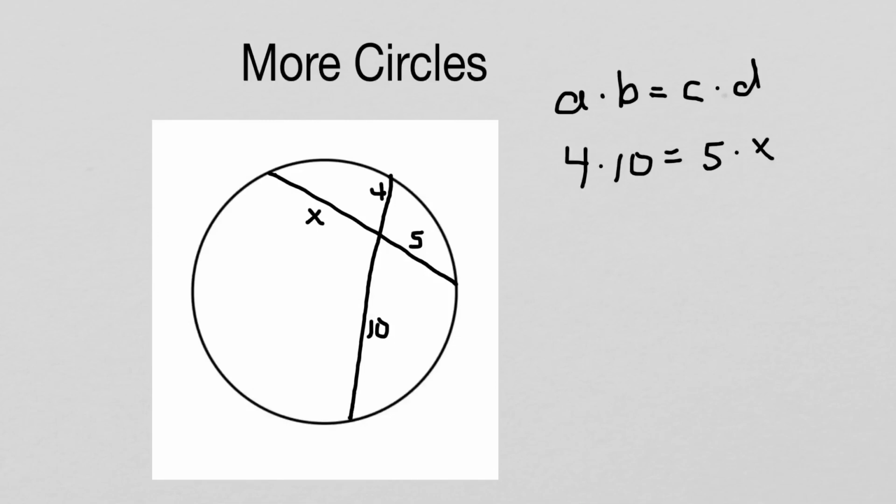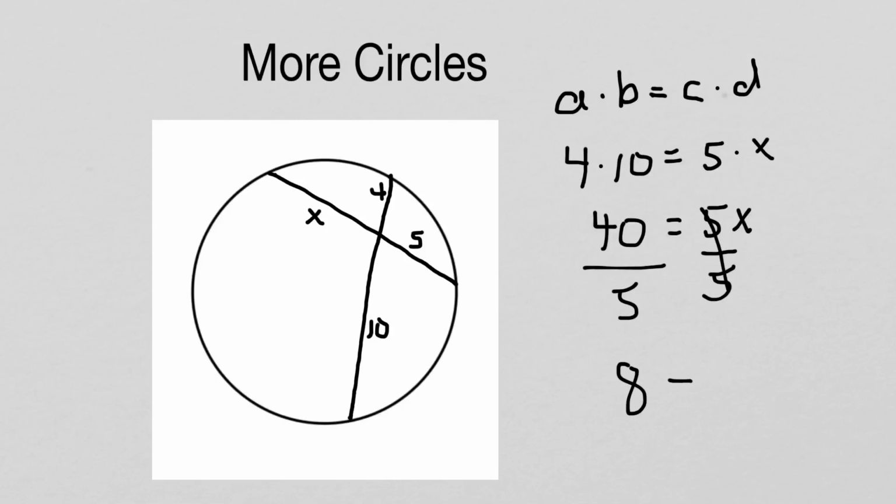So this is going to be 40. This is going to be 5X. We divide both sides by 5. We get 8 equals X.